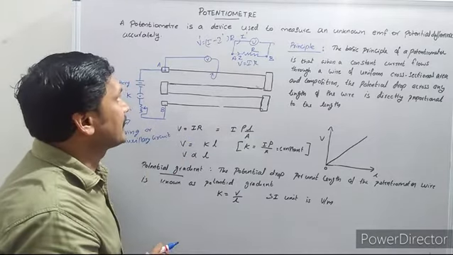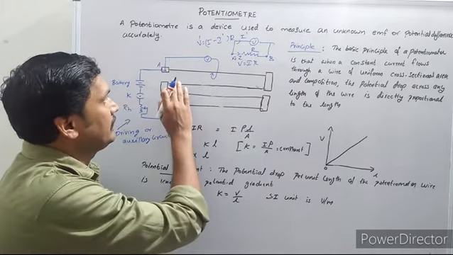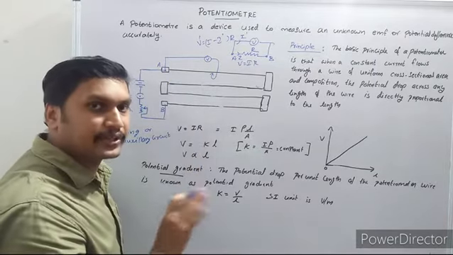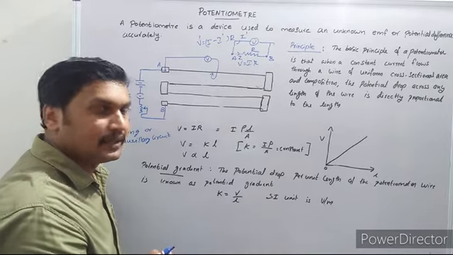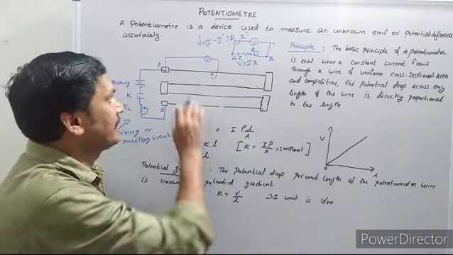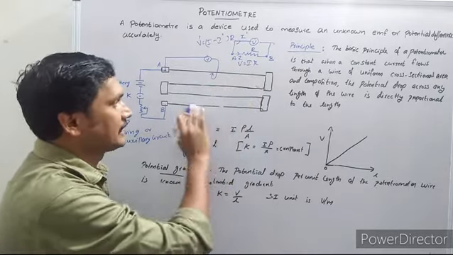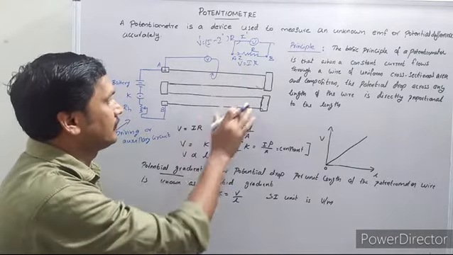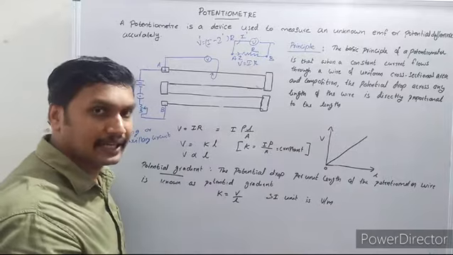A potentiometer usually consists of a long wire, 4 to 10 meters long. Instead of taking a single long 10 meter wire, we take separate wires of 1 meter length. Here I have shown a potentiometer wire of 4 meter length.